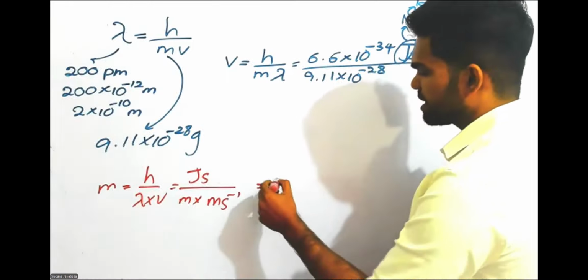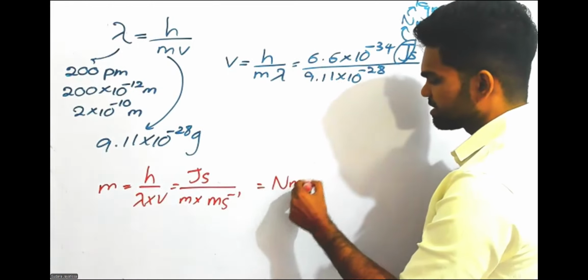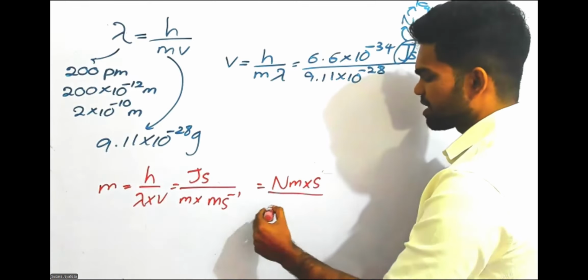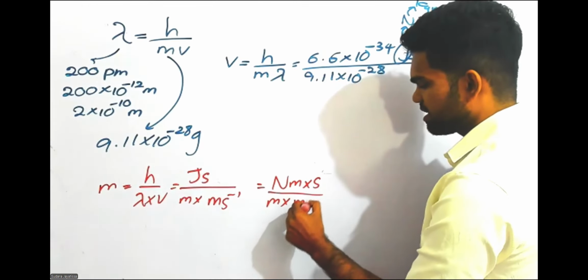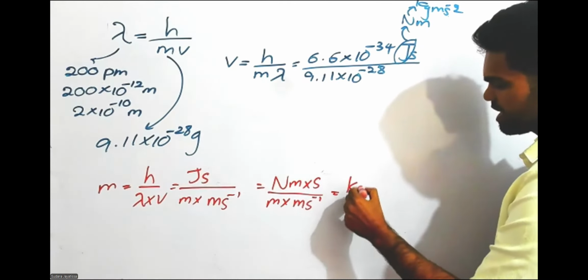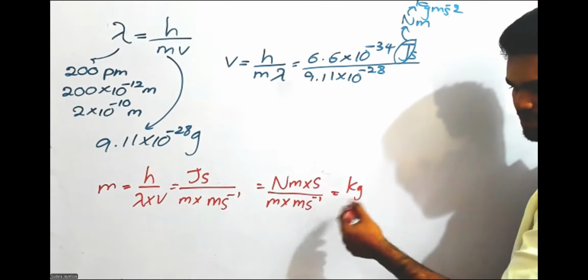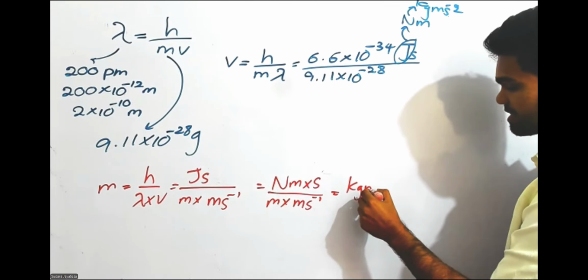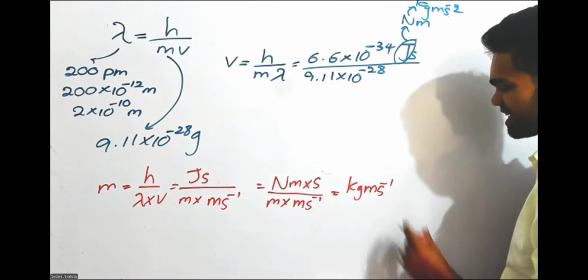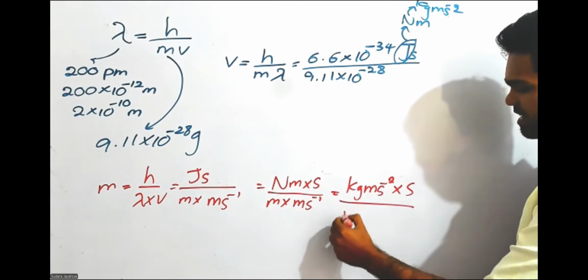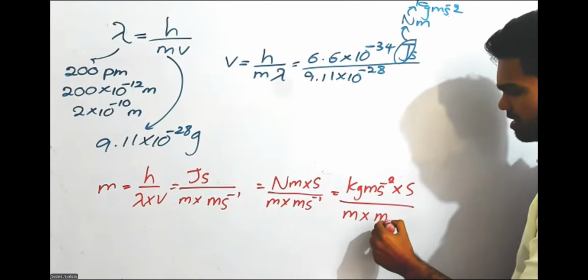This joule you can write as Newton meters, so Newton meters second over meters times m s^-1. And Newton is kilograms times acceleration, because F equals ma, with acceleration in m s^-2.